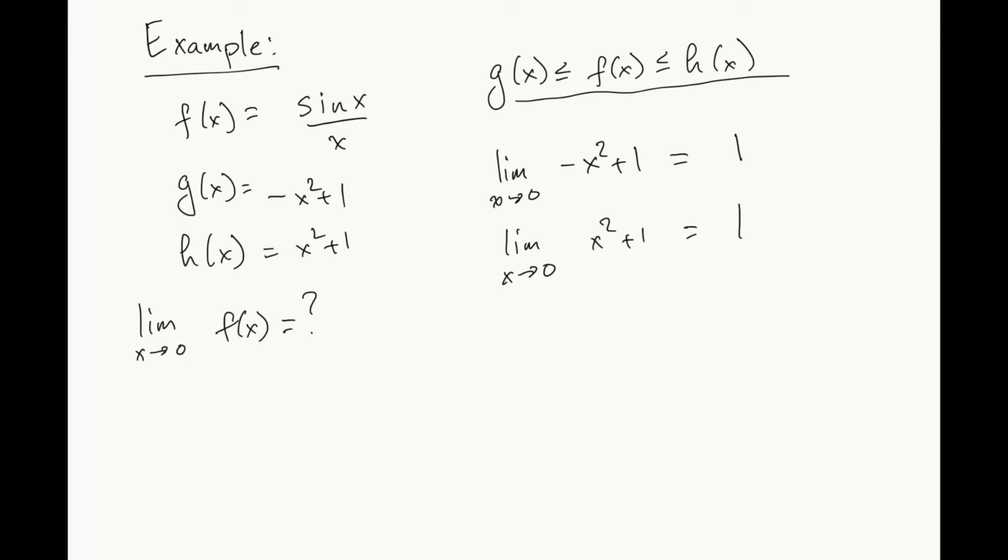So then by the squeeze theorem, we will have that 1 is less than or equal to the limit of sine x over x, which is less than or equal to 1. So we have that the limit as x goes to 0 of sine x over x is equal to 1.